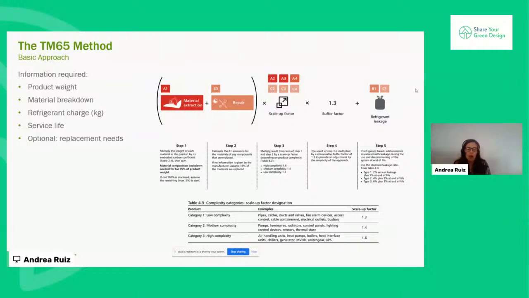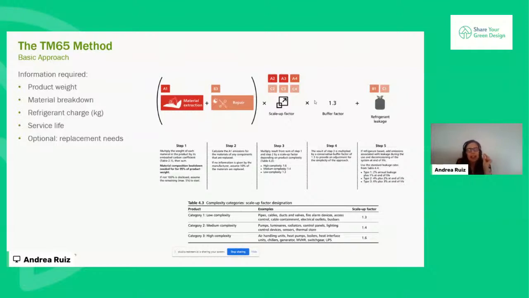And finally, once you have all the products, you still need to add the refrigerant leakage, which we discussed earlier, which could have a big impact. That's mainly the guide, and once we have this, we still need to sum all of the services and then arrive at our whole life carbon.